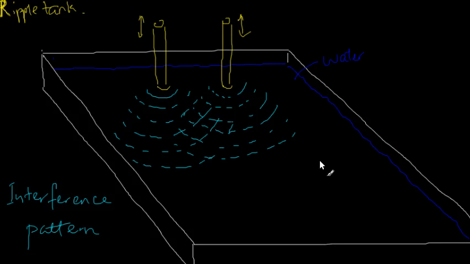Let me think of a point maybe a bit further away to this side. So this point would be a bit closer right here. This point will be closer to this rod than it is to that rod. Okay.